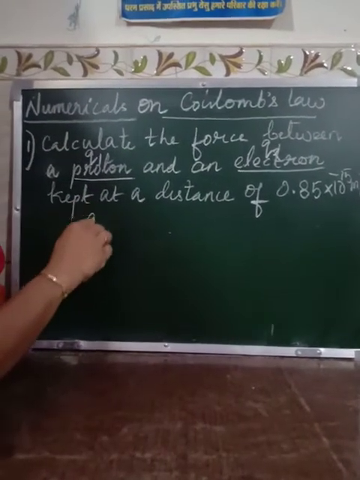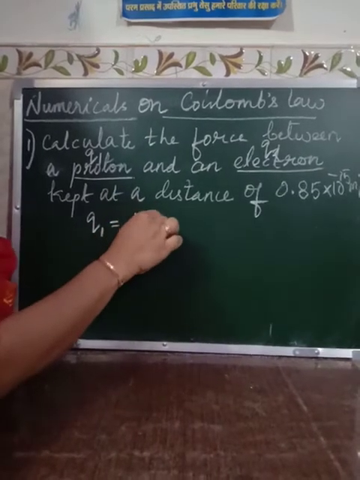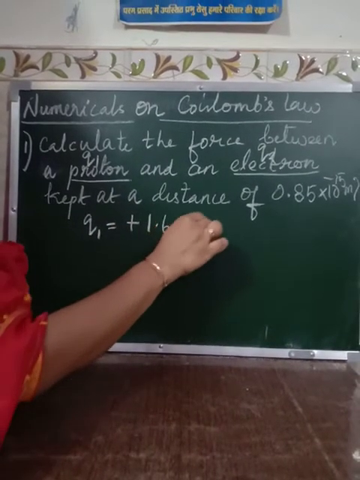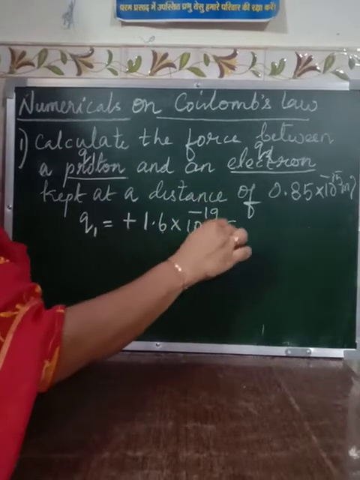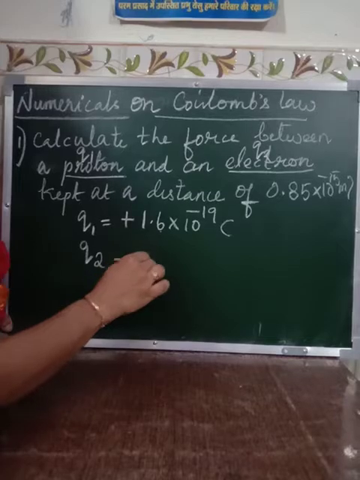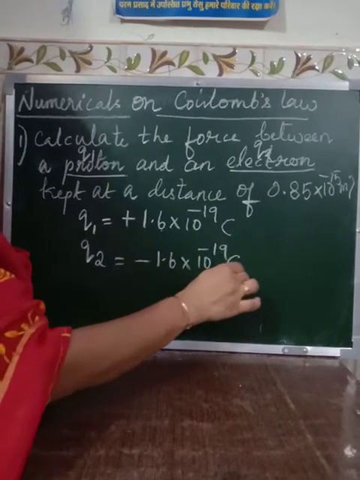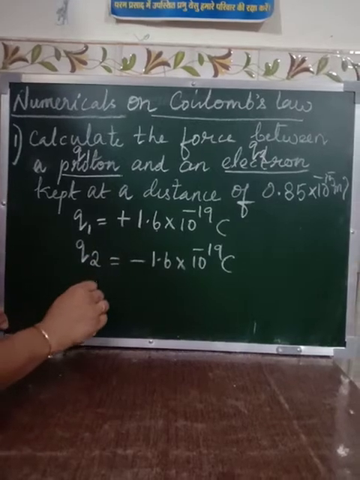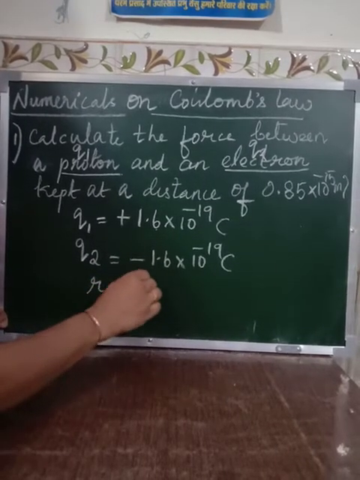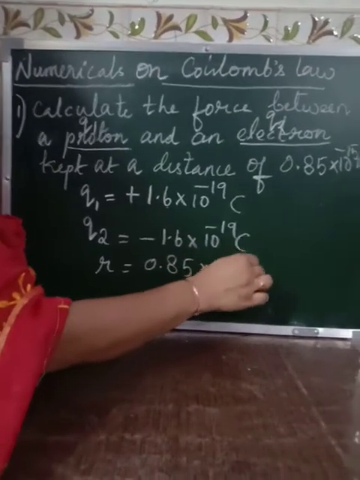The value of Q1, charge of proton, is positive 1.6 into 10 raised to minus 19 Coulomb. Charge of electron is minus 1.6 into 10 raised to minus 19 Coulomb. Then the distance between them is 0.85 into 10 raised to minus 15 meter.